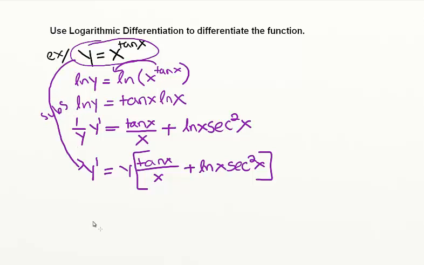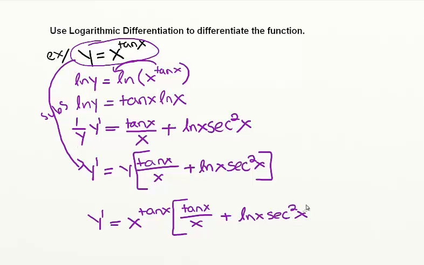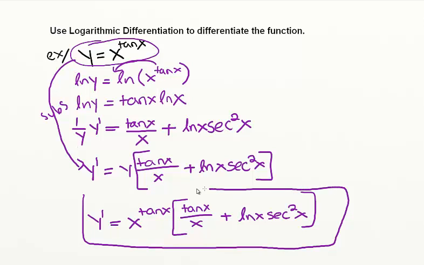So we'll get y prime is equal to, well, our y is x raised to the power tangent of x, then times tangent of x over x plus this product that we had here before. And so that is going to be our final derivative. And you're always going to want to make sure that if you can substitute that function of x back in for y, that you do so before you finish the problem.